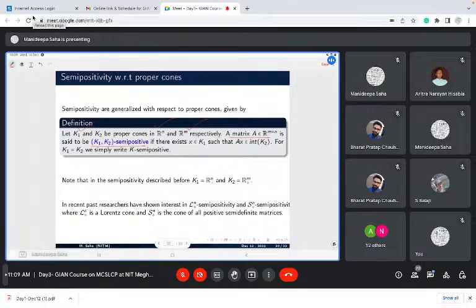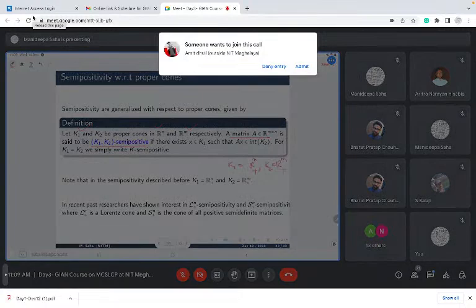Now if we go back to our definition of semi-positive matrices, in that case we take K1 to be exactly R^n plus and K2 to be R^m plus.